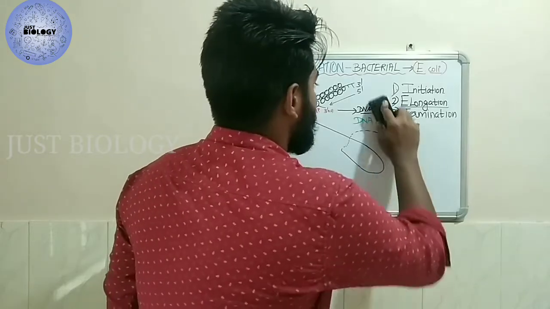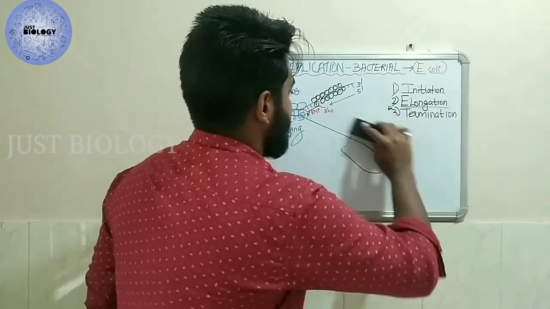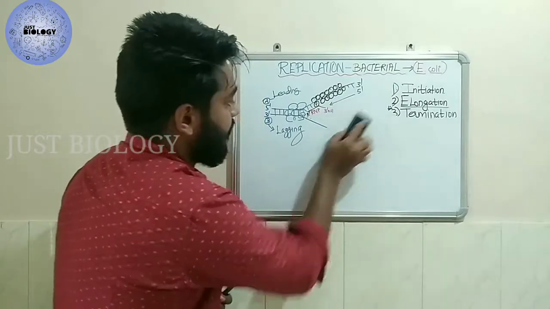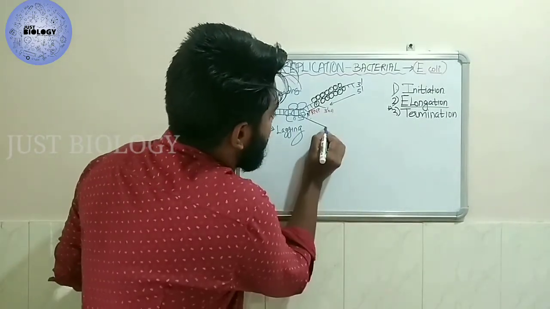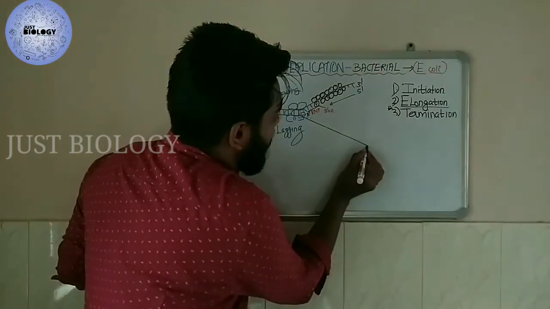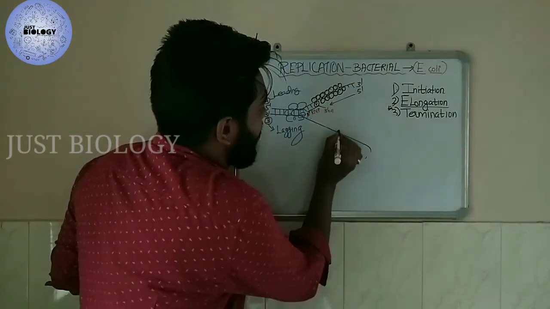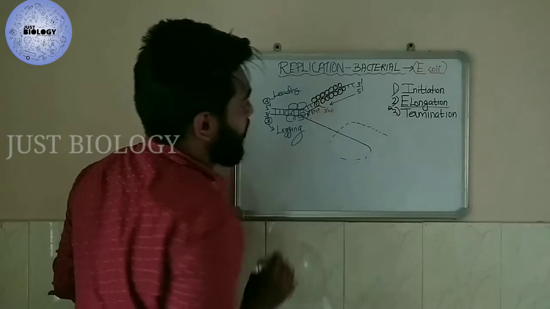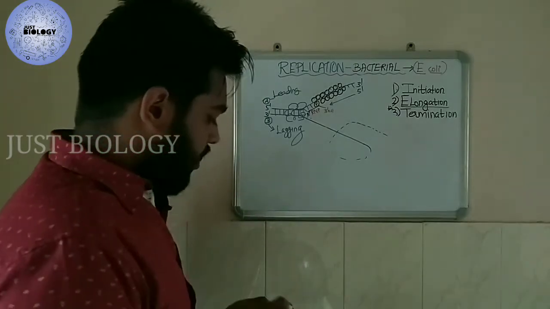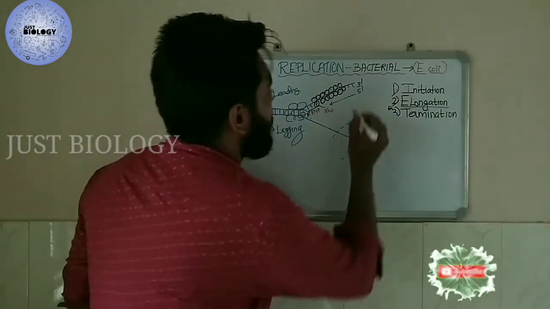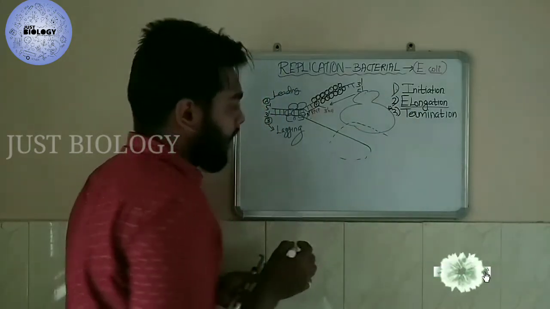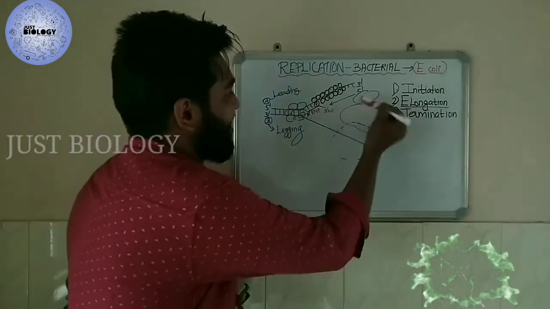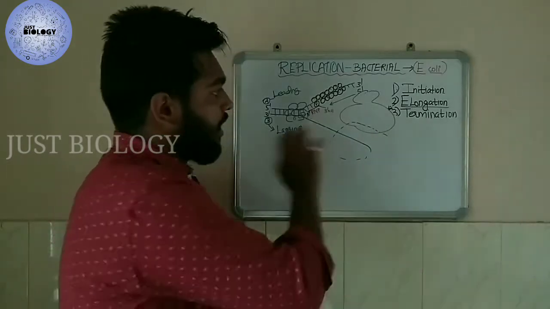It's better to erase here. So let's say this is a lagging strand, and this is just turning up in this direction. And here the DNA polymerase, a large complex of DNA polymerase, can polymerize both of these strands together. So this is the idea.